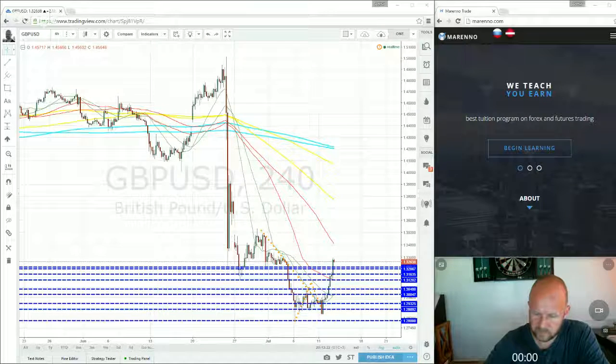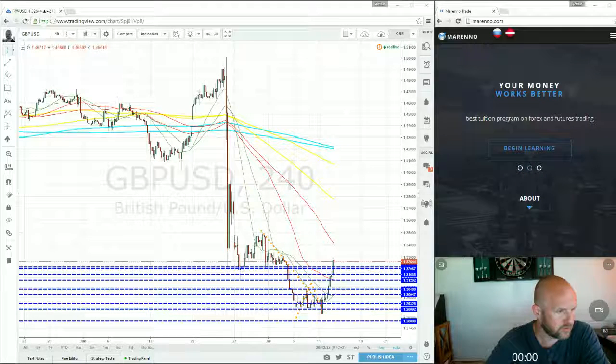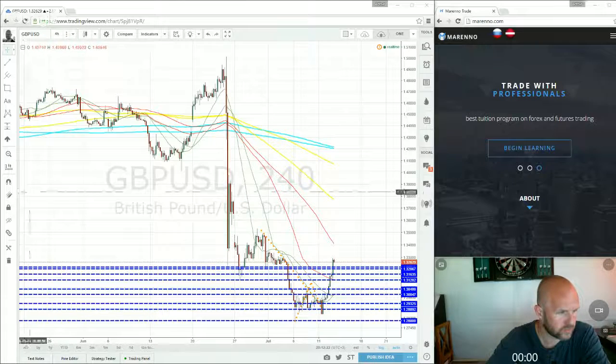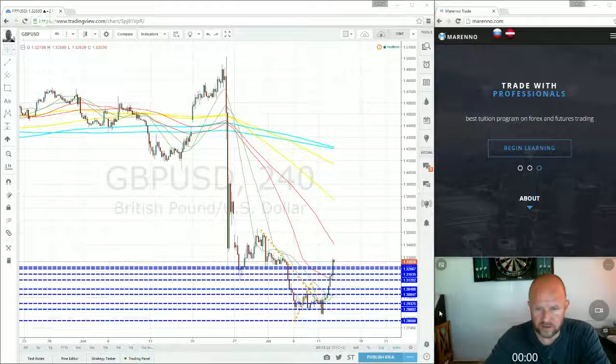Stop loss at 1.3325, and expiration for 2 hours. Let's see, will it work or not?